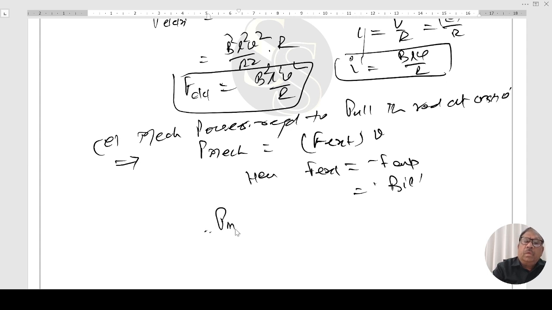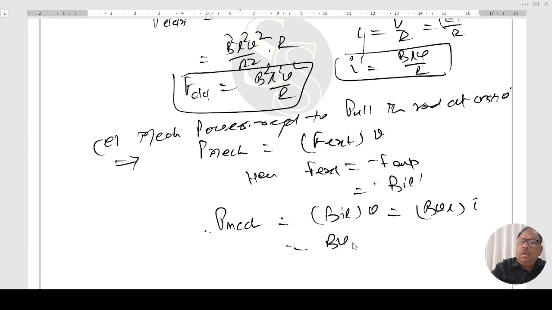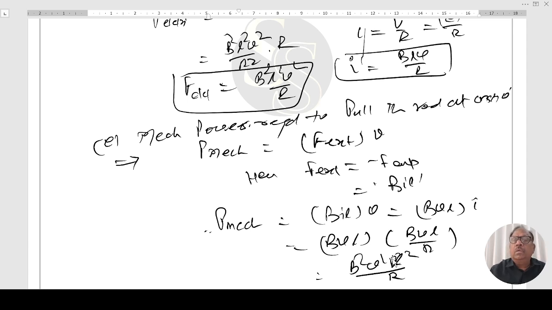Therefore, P mechanical will be equal to BIL into V. Rearranging, BVL into I. I is BLV upon R, that is B square L square V square upon R.